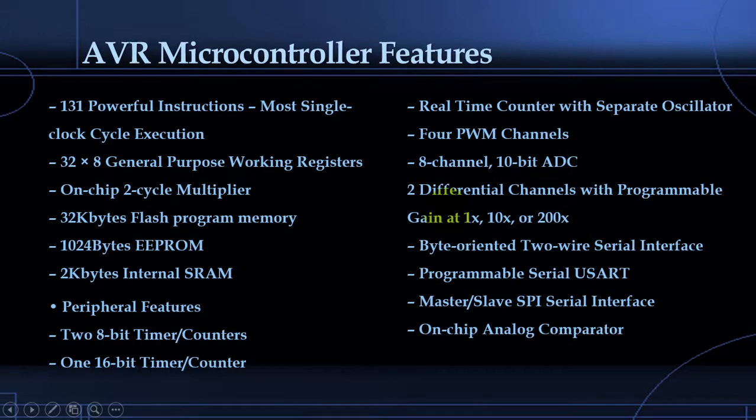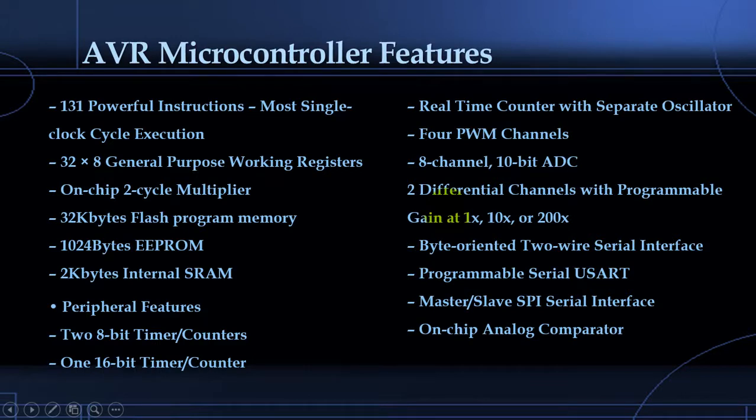The EEPROM is used for storing constant data, and there is also 2 KB of internal SRAM. If we discuss the peripheral features, it has two 8-bit timer counters and one 16-bit timer counter, a real-time counter with a separate oscillator, and a scheme for waveform generation, that is 4 PWM channels. As we have already discussed, port A is multiplexed with the ADC.